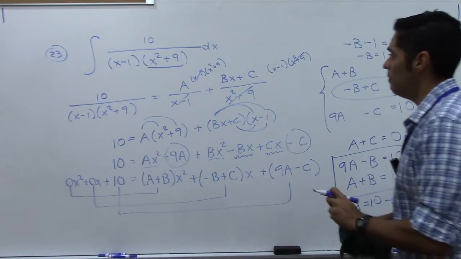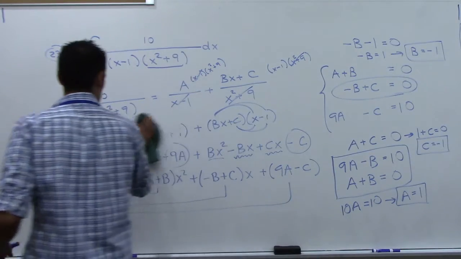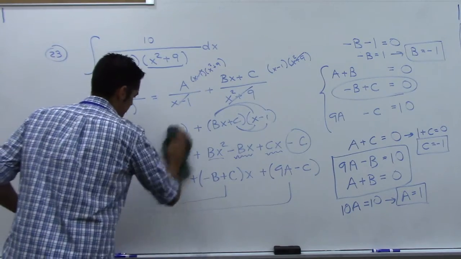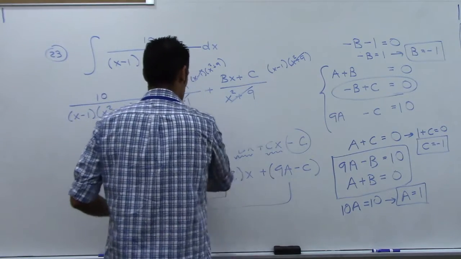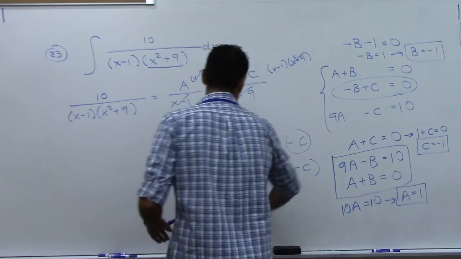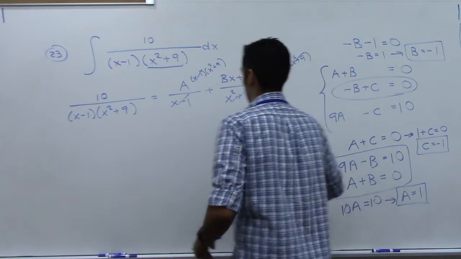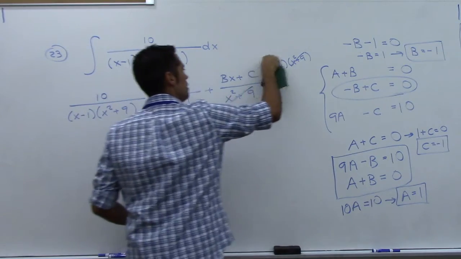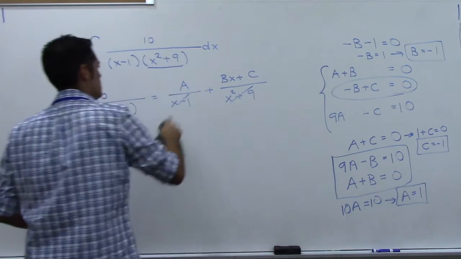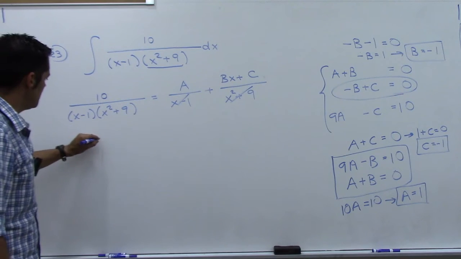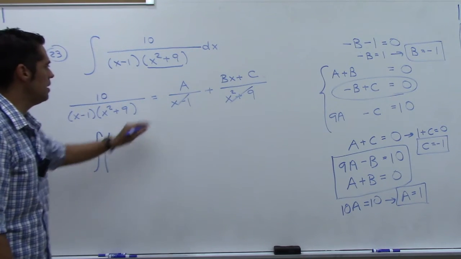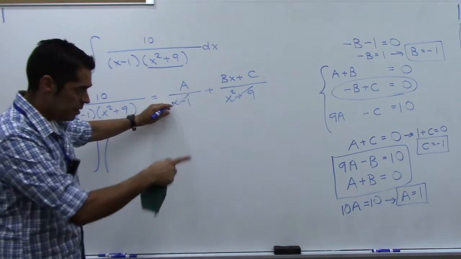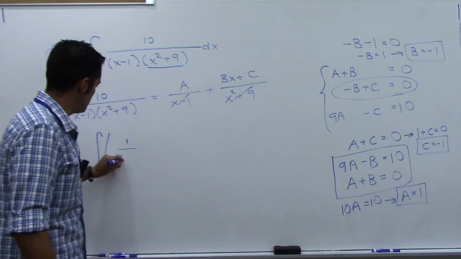All right, so now I come back over here. I rewrite the integral. And remember, this was the piece I was using right here. So this integral becomes the integral of a over x minus 1. A was 1, so 1 over x minus 1.